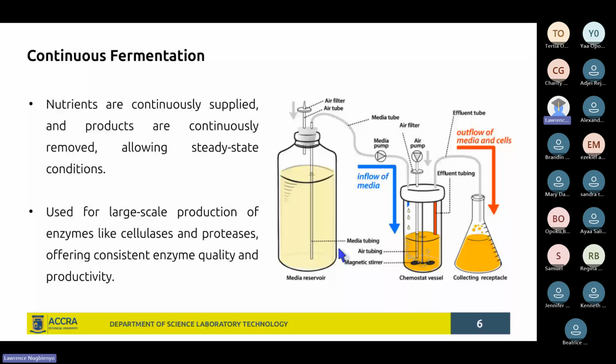The pumps are also not any big pumps, little pumps that will be pumping this media into the digester slowly over a period of time. And once this media is present for the microorganisms in the chemostat vessel, you have the production ongoing, and this will continue over a certain period of time.